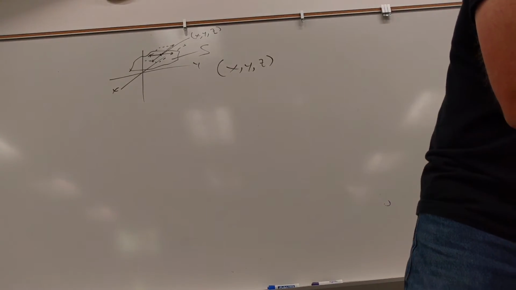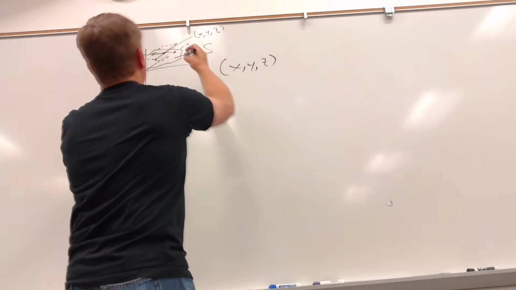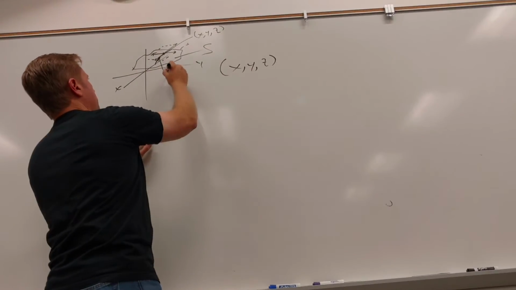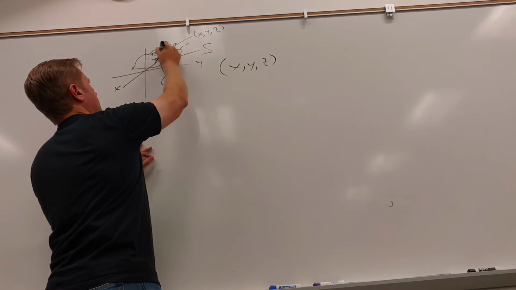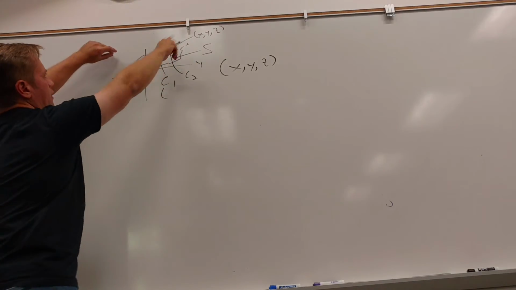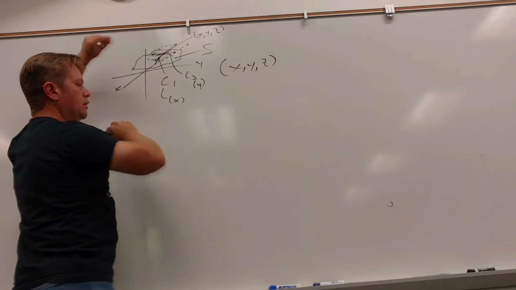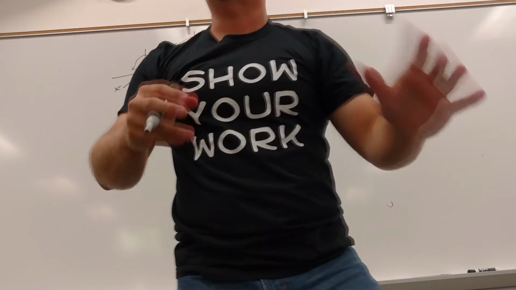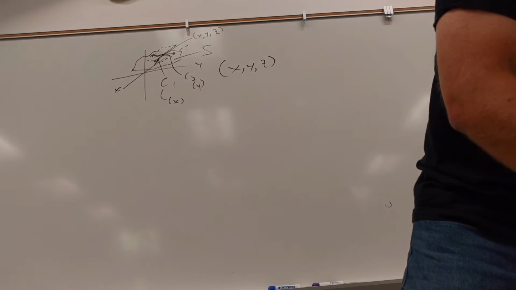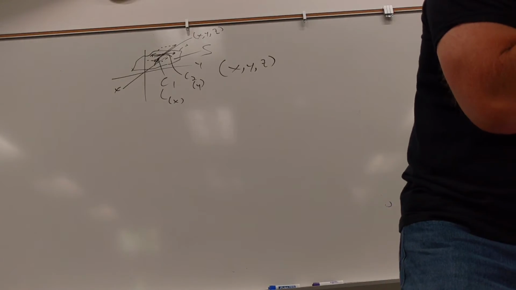This curve here will be C1 and this curve here will be C2. C1 is related to x, and C2 is related to y. You can also look at page 968. That's a little more direct to the point.